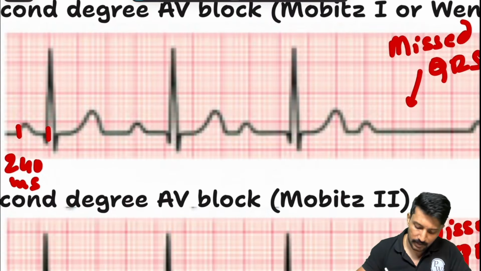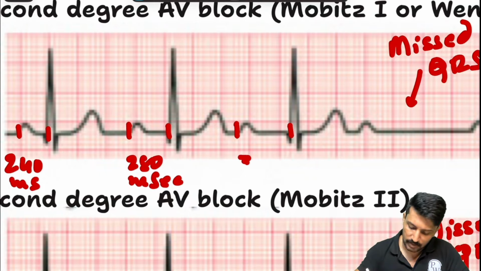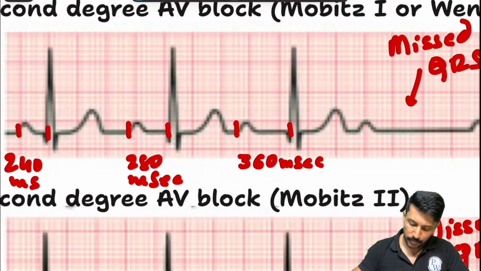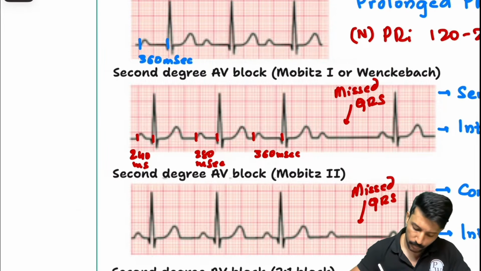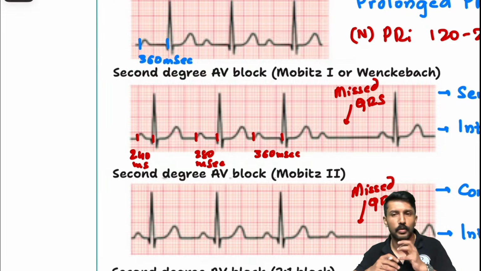And then here it is taking 7 small boxes, that means 280 milliseconds. Here it is taking almost 9 small boxes, that is 360 milliseconds. So the PR interval serially went on prolonging till a QRS got missed. Then it is Mobitz type 1.